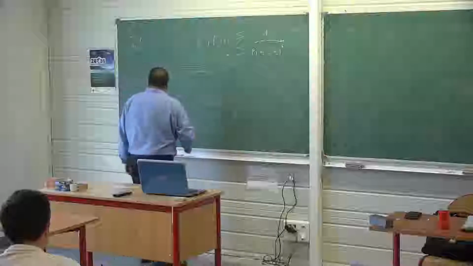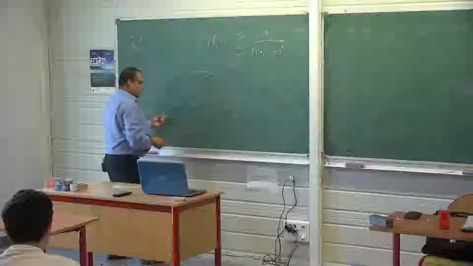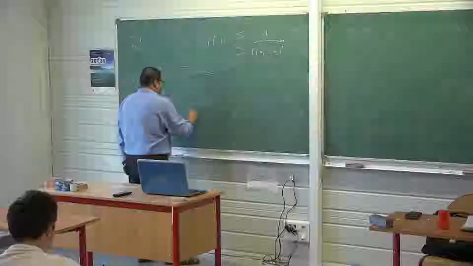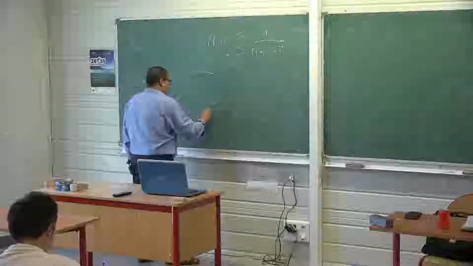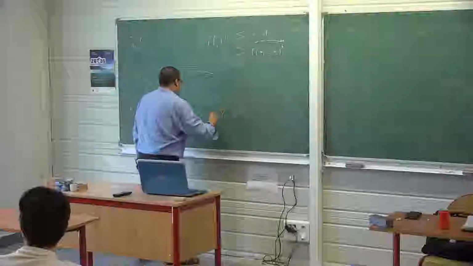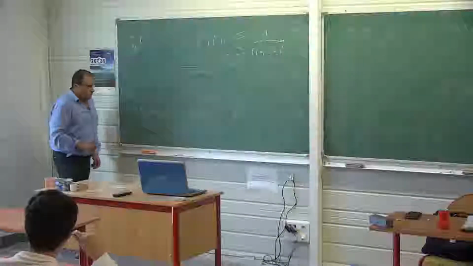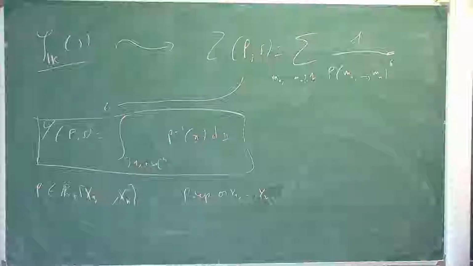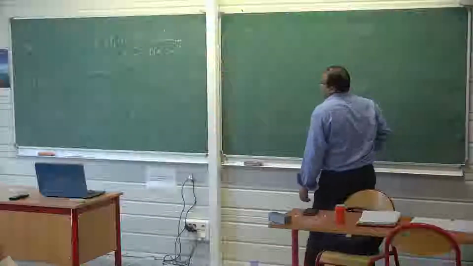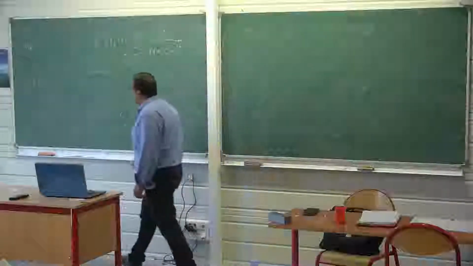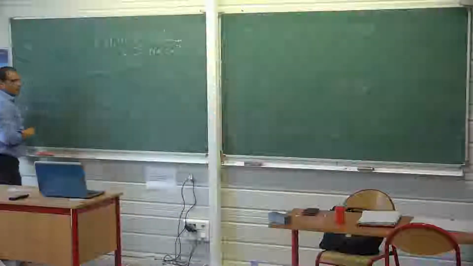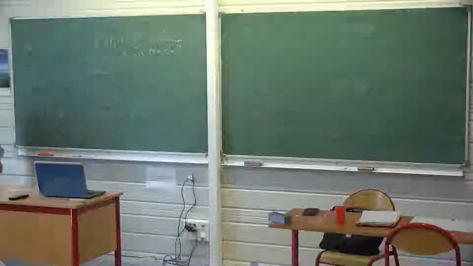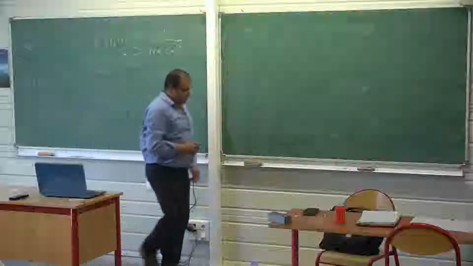So we assume that P depends on all variables, on x1 and on all variables. So the first thing, in order to study the meromorphic continuation of this integral, is to produce some change of variable.